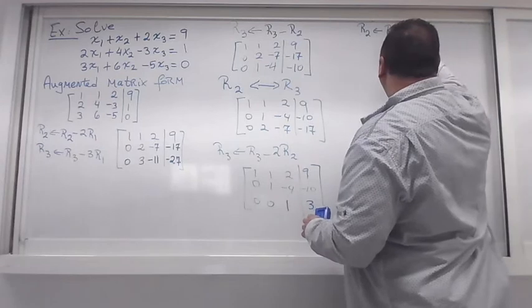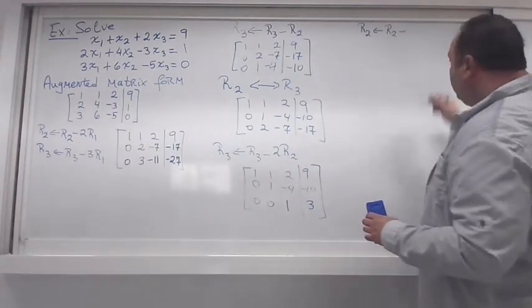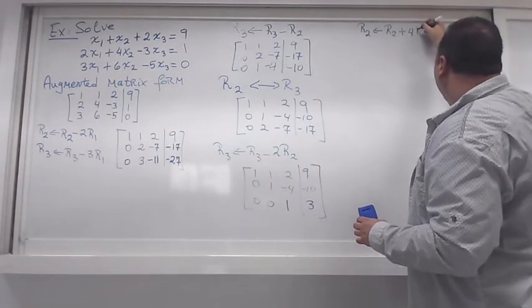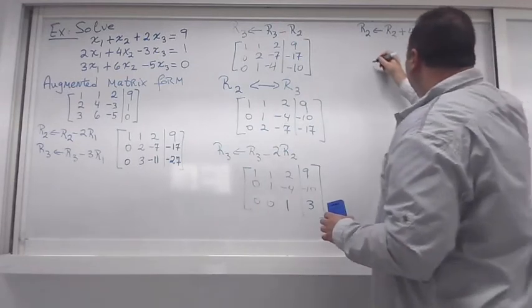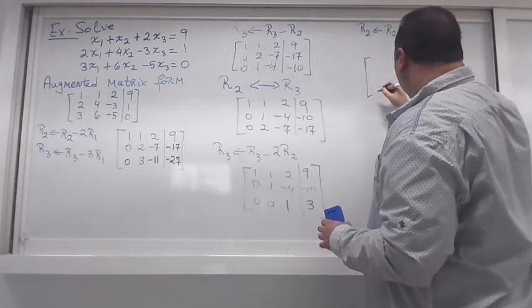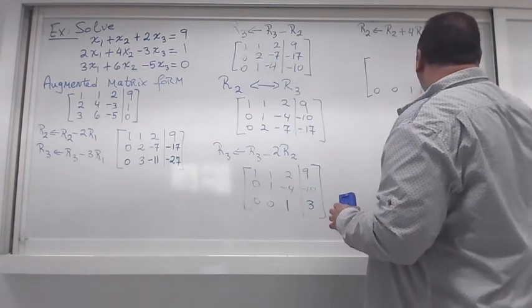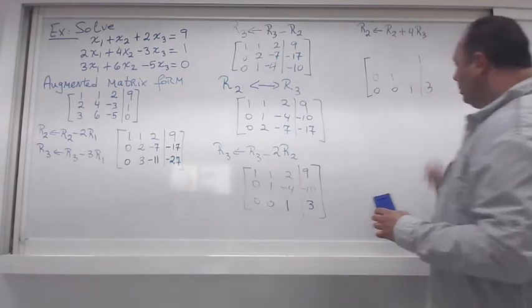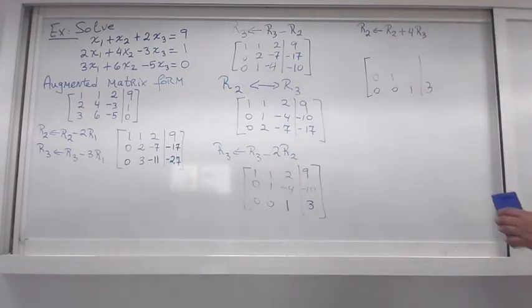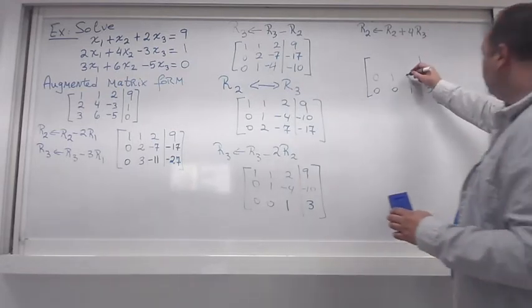So now we are going to produce reduced echelon form. So what do I get? 0, 0, 1, 3 here, 0, 1. So I have my negative 4 plus 4, that's 0.